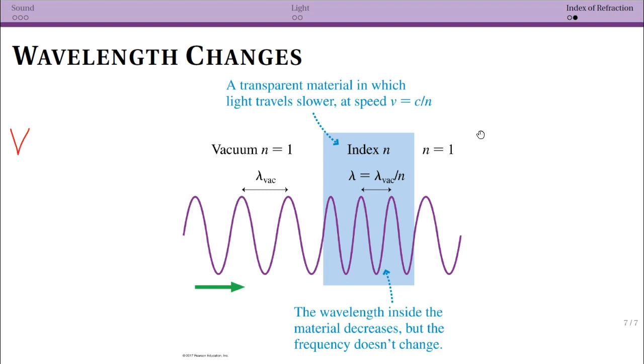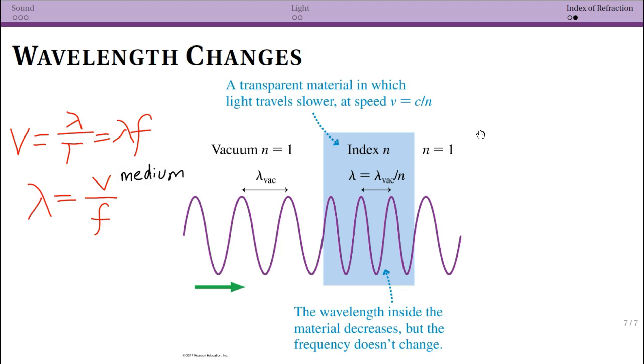So we can write this as wave speed is going to be our wavelength divided by our period, or wavelength times our frequency. And if you rearrange that, you get that your wavelength is equal to your wave speed divided by your frequency. Now remember that the wave speed is determined by your medium, your material, and the wave frequency is determined by your source.